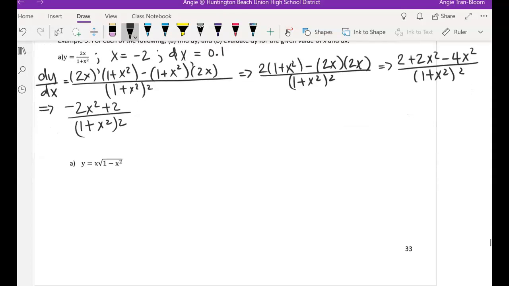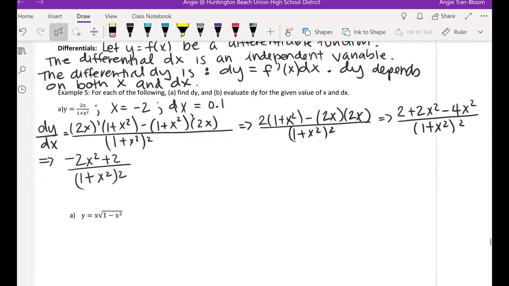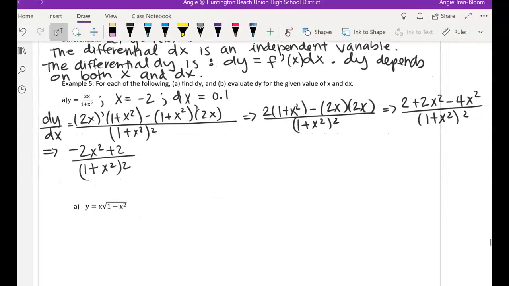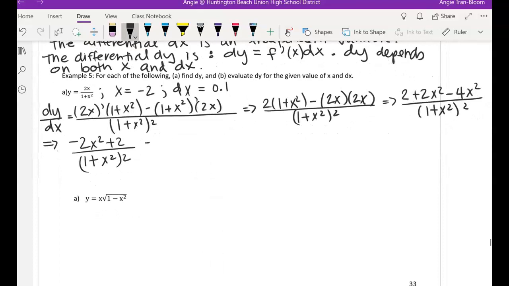Now, this equals dy over dx. Okay, I'm only interested in dy. See this right here? So all you have to do is multiply both sides by dx. It's that easy.